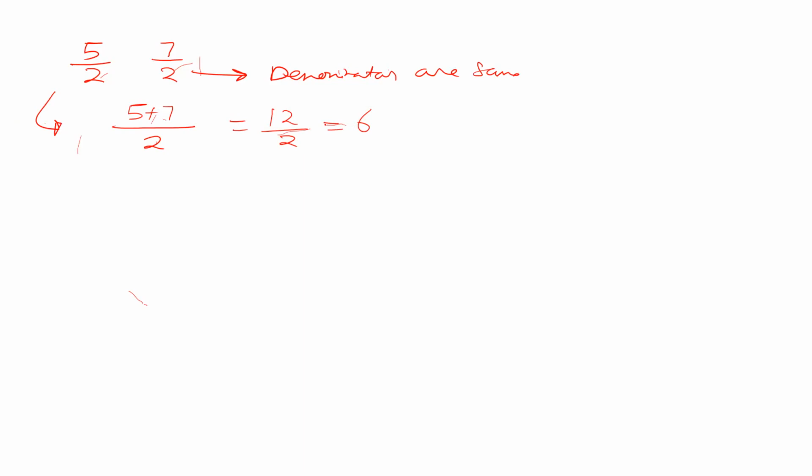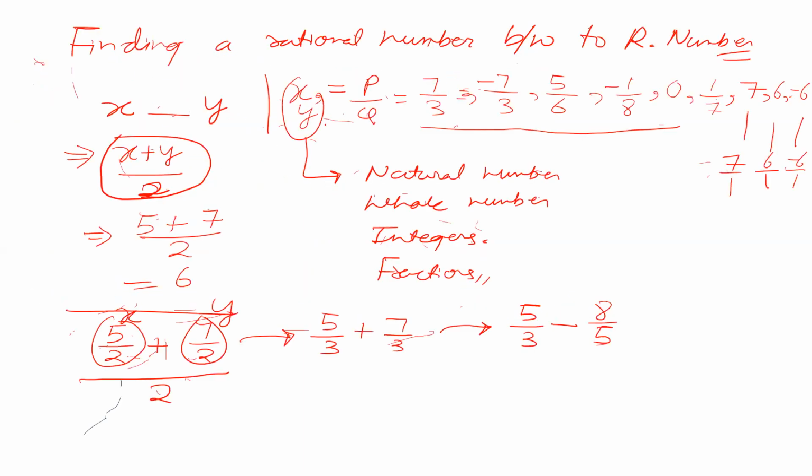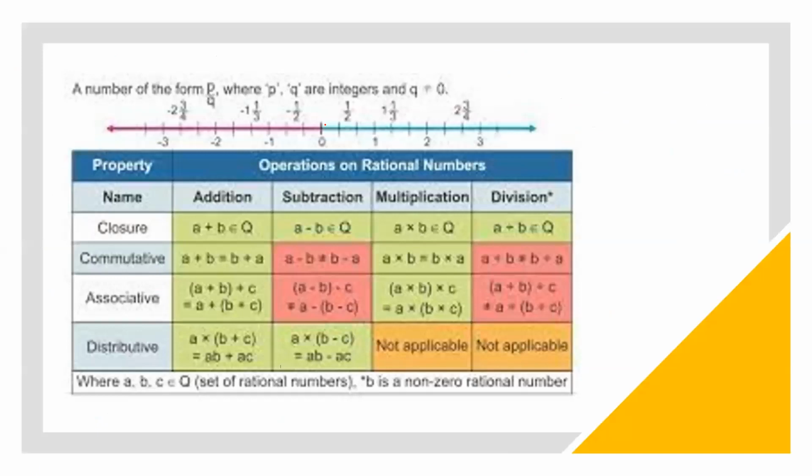Okay then. So the next topic is the properties of rational numbers. You see, natural numbers follow certain properties.